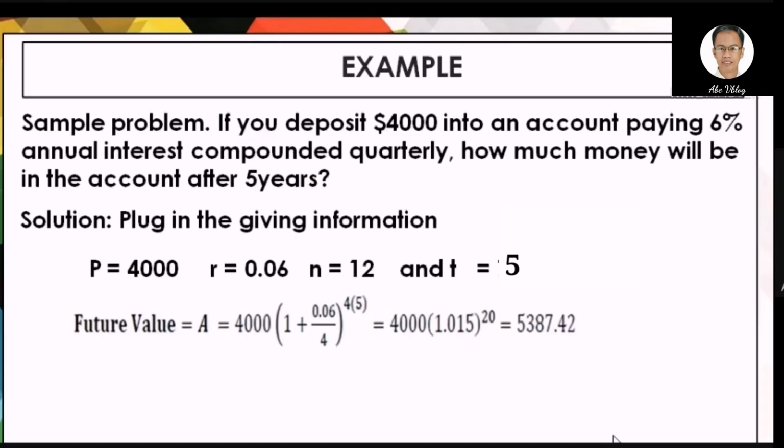So then we have 4,000 times 1.015 raised to 20. So our final answer is 5,387.42. So that is the money after 5 years.